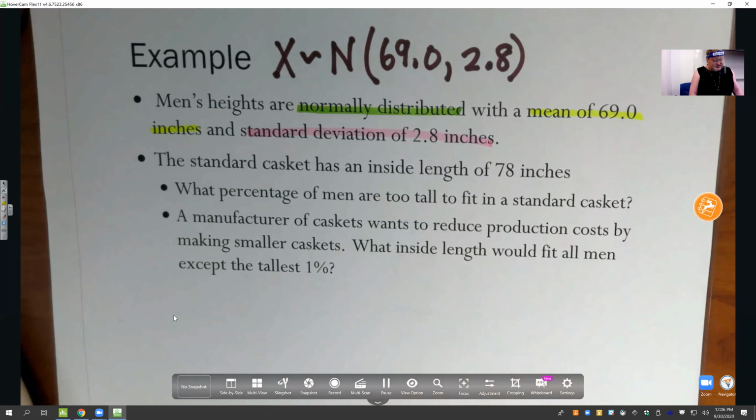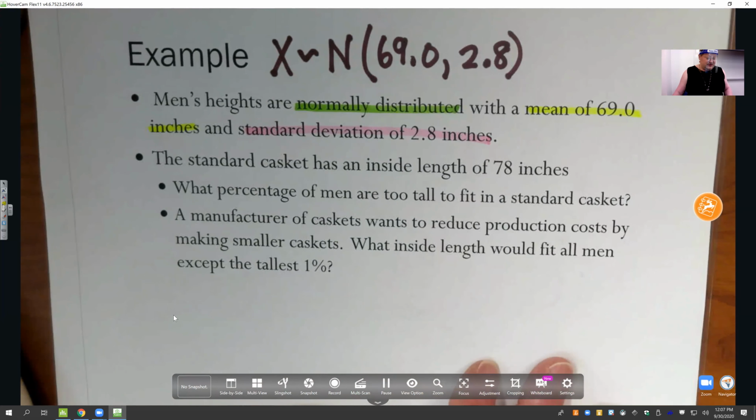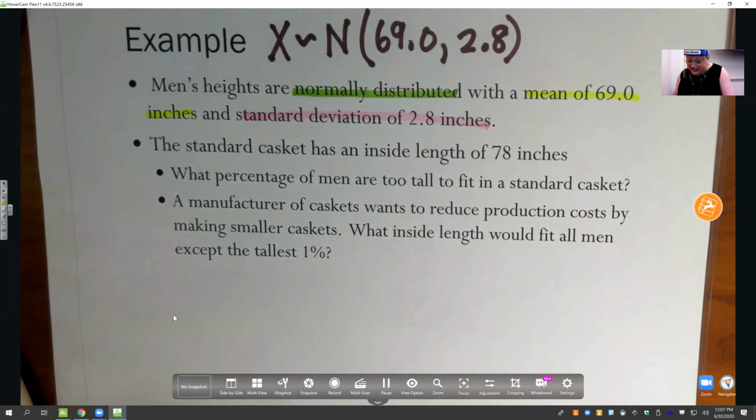It then goes on to say that the standard casket has an inside length of 78 inches. What percentage of men are too tall to fit in a standard casket? Okay, so I'm going to label this one as number 1.